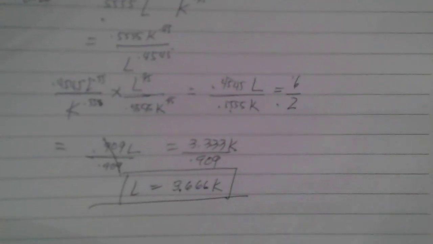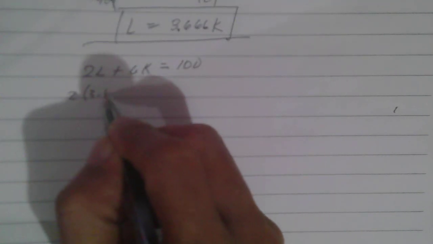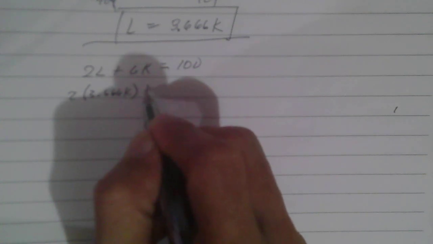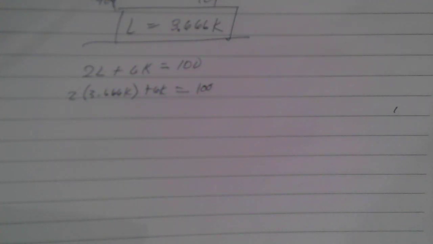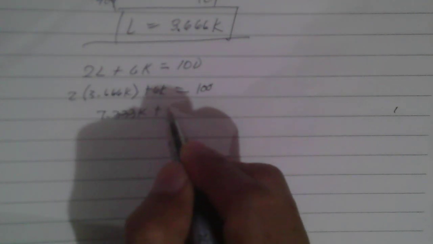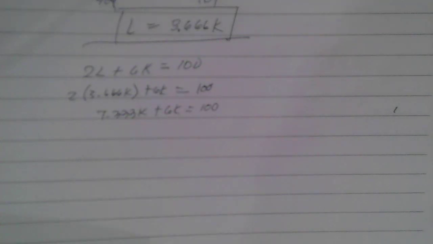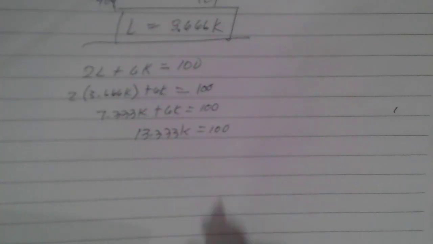Substituting L as 3.666 times K, times 2, all in all you will have 13.333 K equals 100.